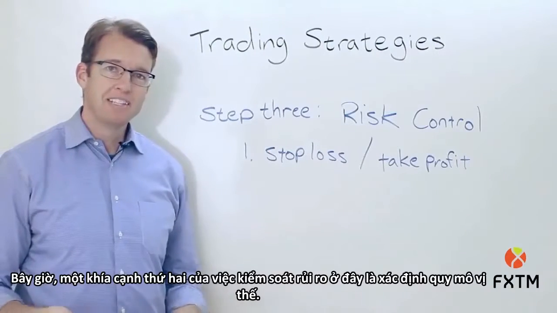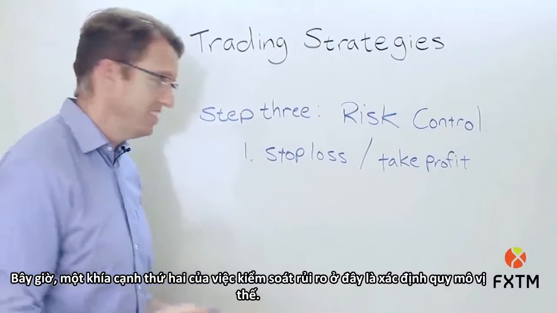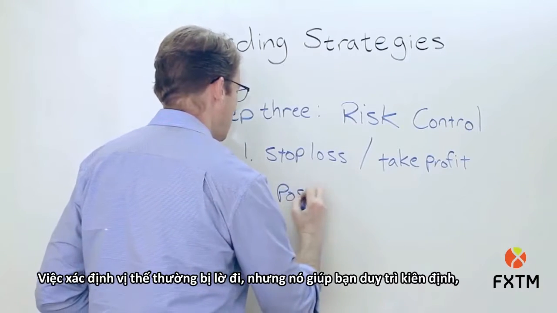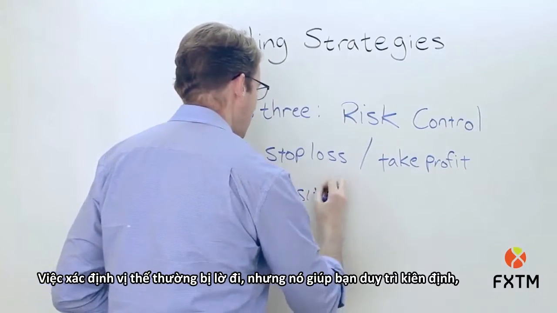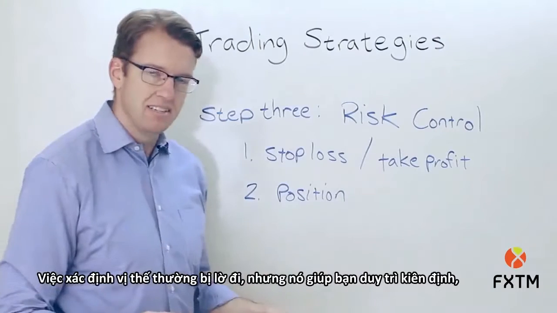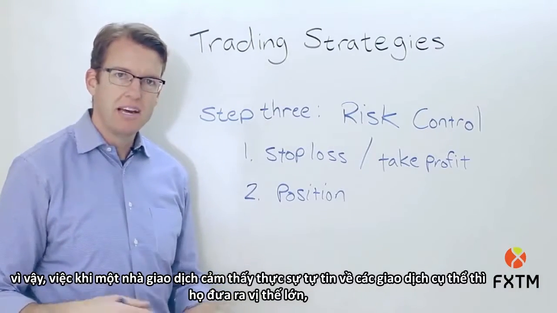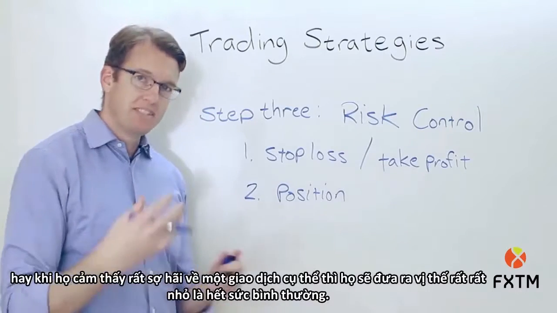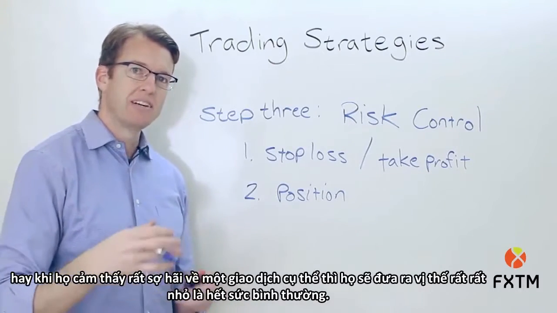Now, the second aspect here of risk control is position sizing. Position sizing is oftentimes overlooked, but it helps to stay consistent. It's not uncommon for a trader to feel really confident about a particular trade, so they get in very heavy, or to feel very scared of a particular trade, and so they get in very, very light.